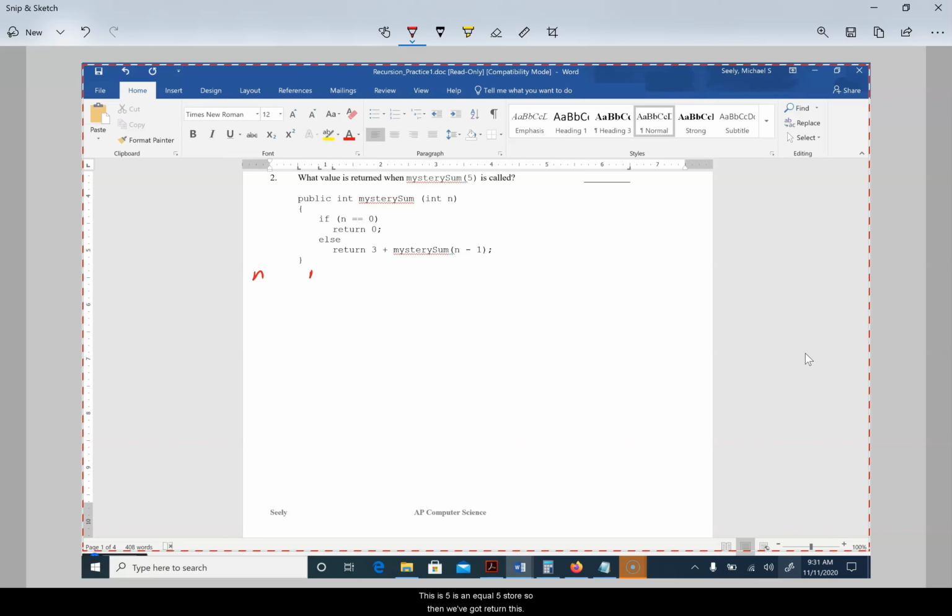So then we've got return 3 plus mystery sum of n minus 1. And then we're going to pop back up the stack. I'll just say pop up stack.